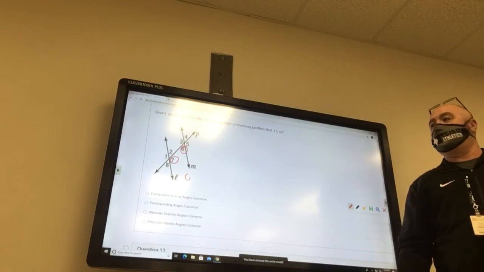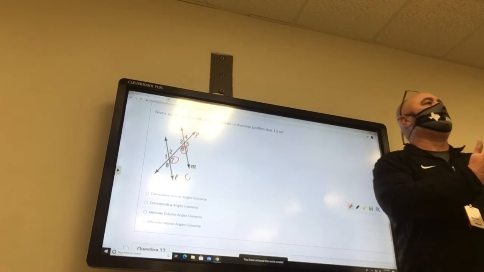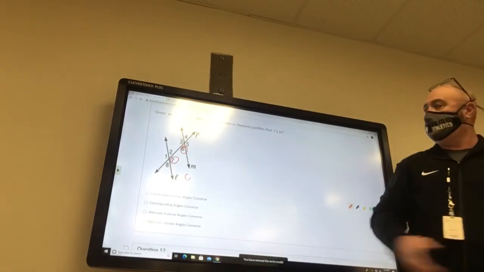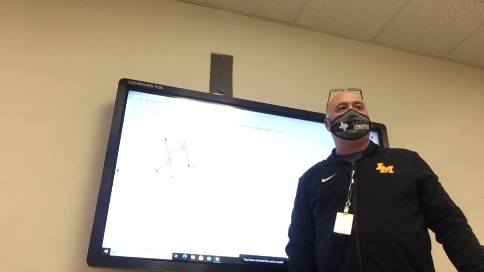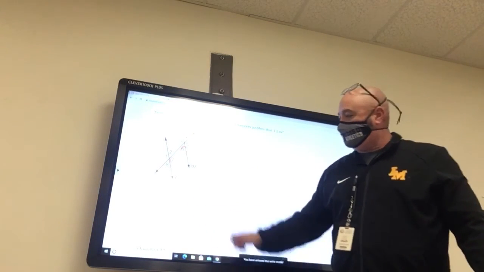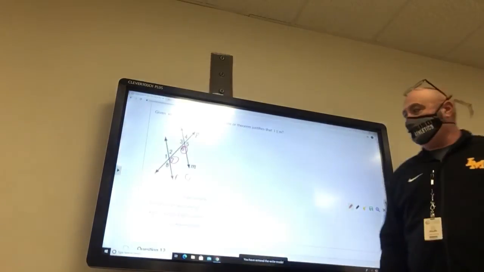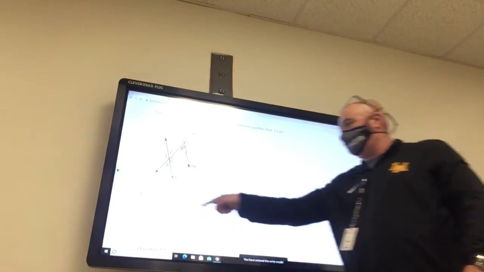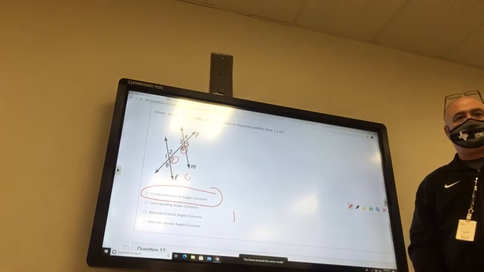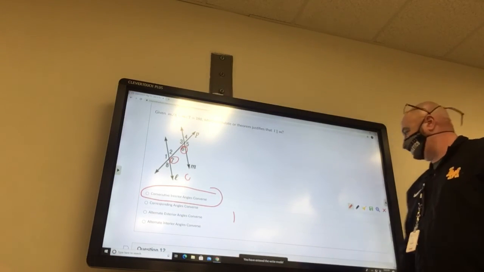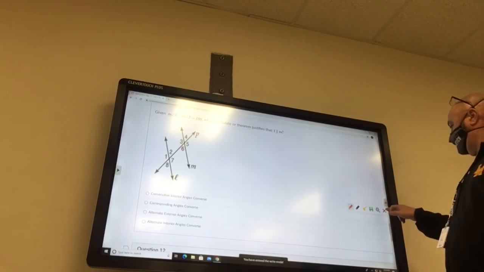No, they're not alternate, they're consecutive. They're back to back. That's what consecutive means. So, this is consecutive interior angles. It's this answer right here. Okay? Consecutive interior angles equal 180 degrees. Alright?